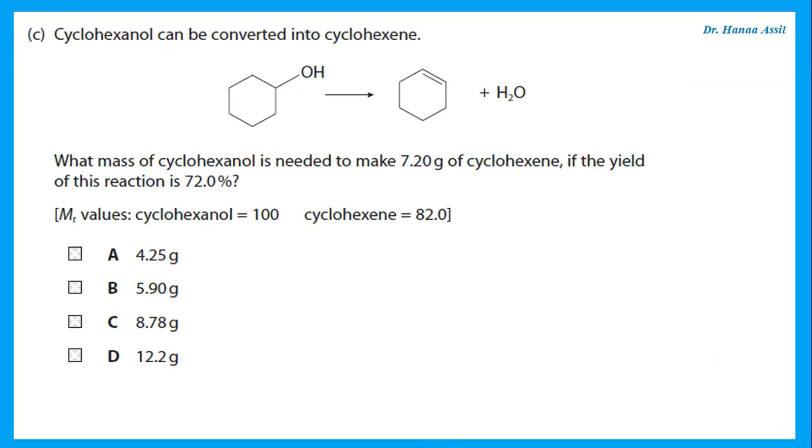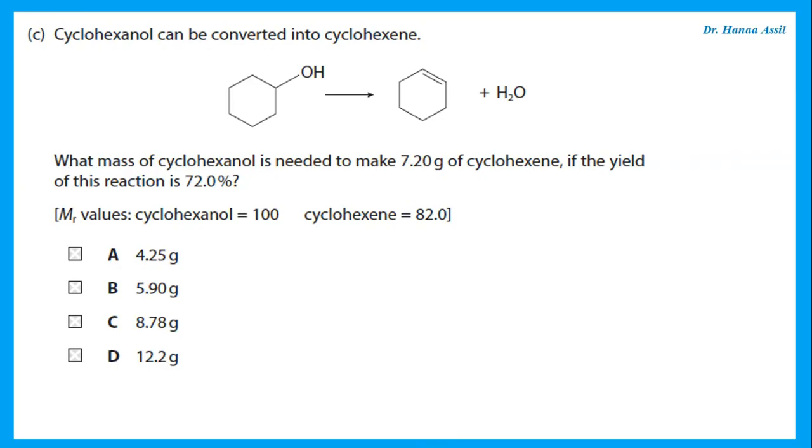Cyclohexanol can be converted into cyclohexene. So we can remove H and OH, dehydration, and form a double bond. What mass of cyclohexanol is needed to make 7.2 grams of cyclohexene if the yield is 72%?